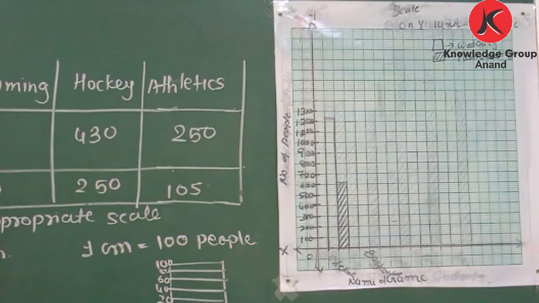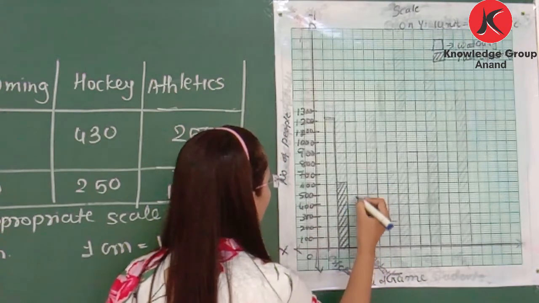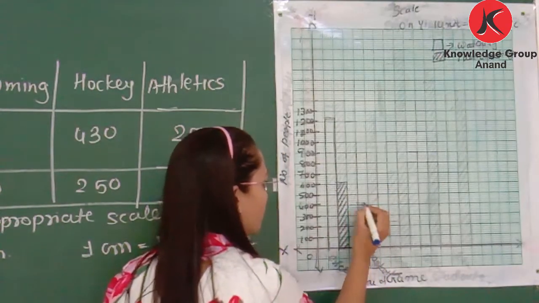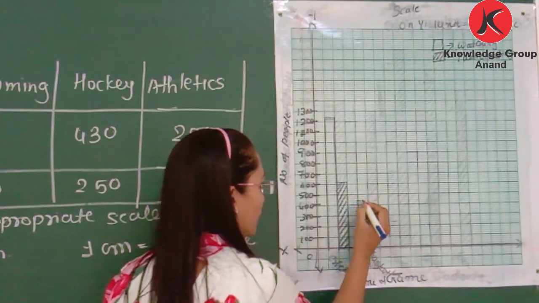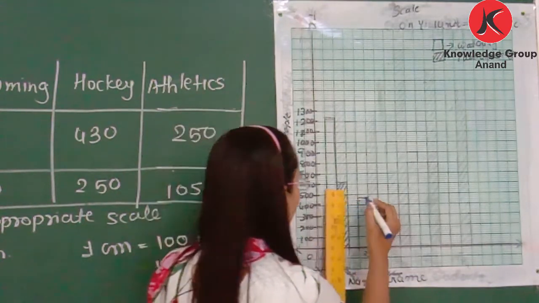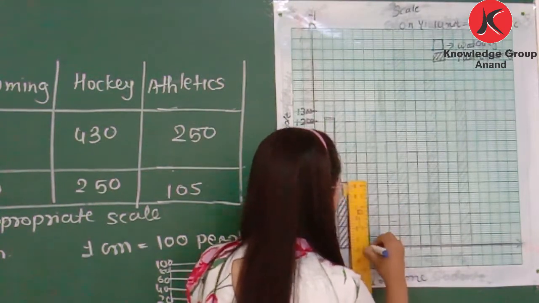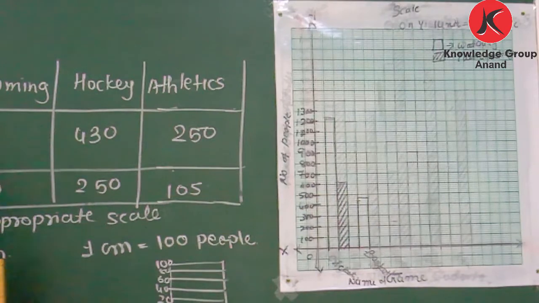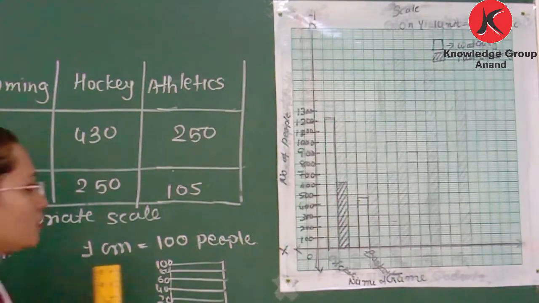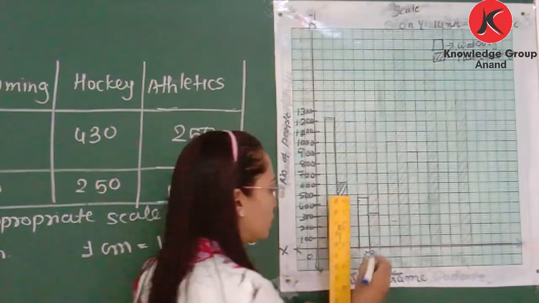In basketball 470 people are watching. So after 400: 420, 440, 460, and one half line represents 470. Then 320 participating: after 300, 320 means one line.